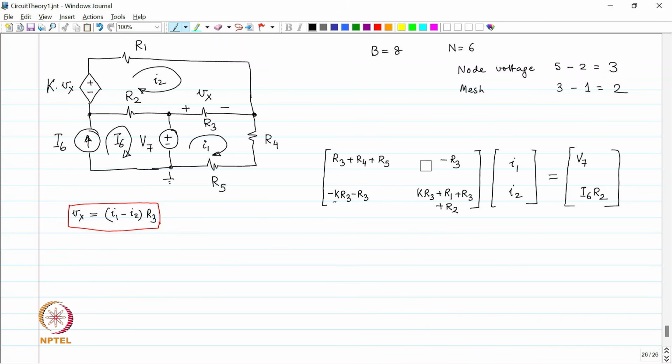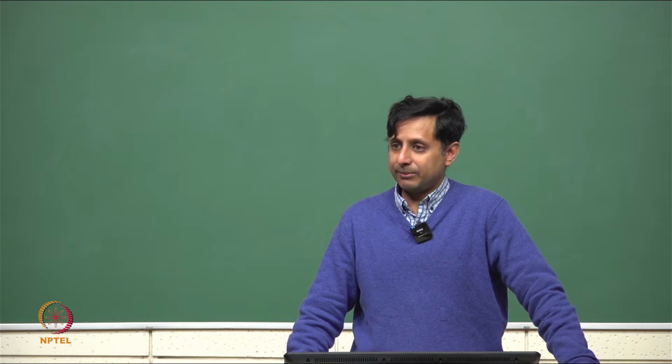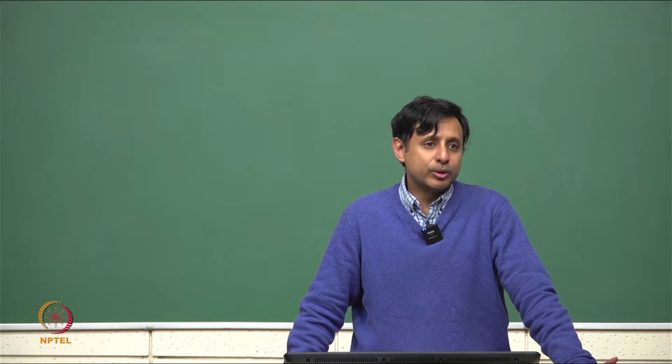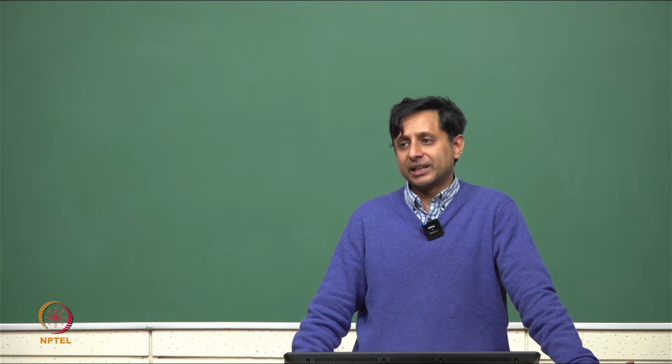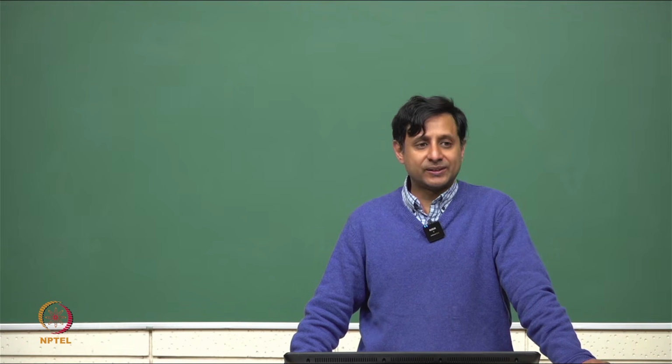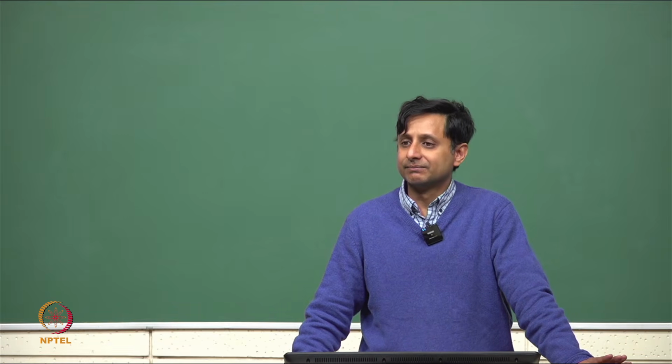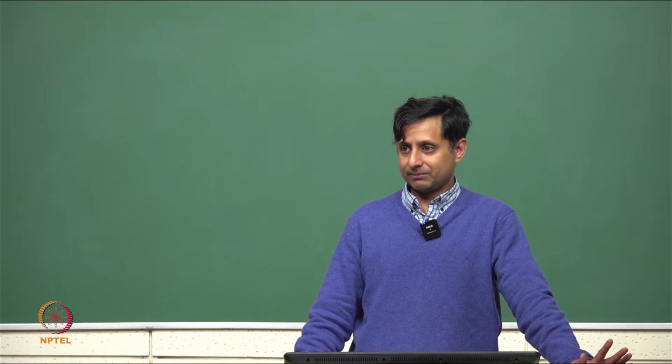All right. So, we have done quite a bit of the mesh method. By now, you should be able to solve any circuit. We have done the node voltage method, we have done the mesh method. You should be able to solve any circuit which has voltage sources, current sources, controlled voltage, controlled current and resistors.